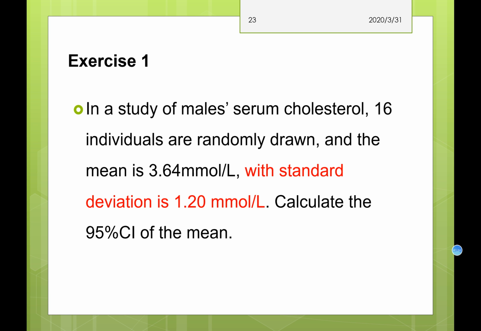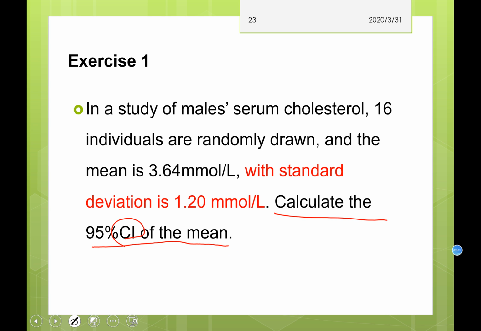Okay, so let's think about it. Is this a question about a hypothesis test? Well, it's not, right? Because we find that the question is to calculate the confidence interval, right?